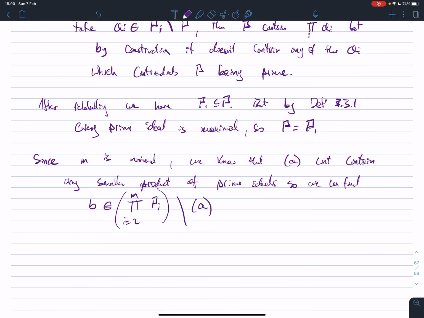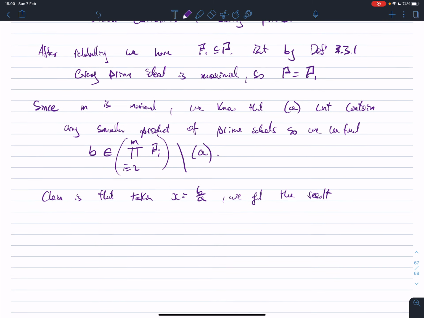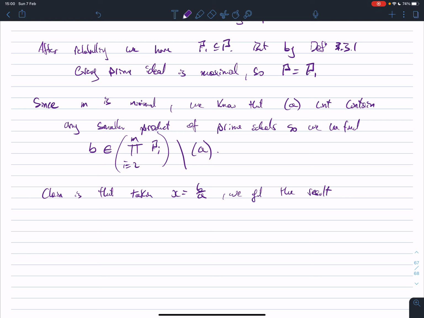Great. So now the claim is that taking x to be b over a, we get the result. I.e., if I multiply x by my ideal A, then you stay in the ring R. So let's prove this.